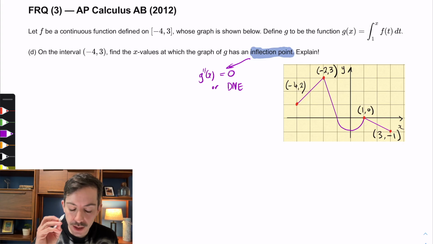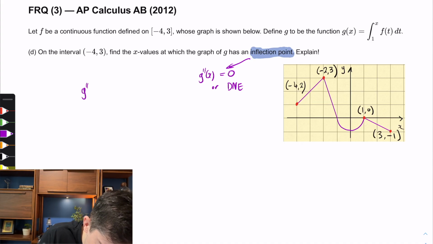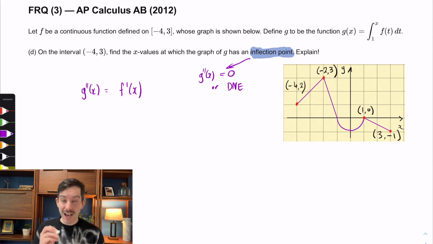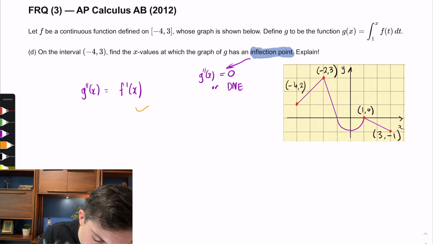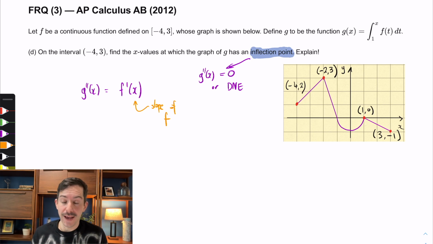Well, in a previous part of the problem, we already worked out that g double prime of x is the first derivative of f. And that's what we're going to work with again here in part D, because again, this is the slope of the function f.